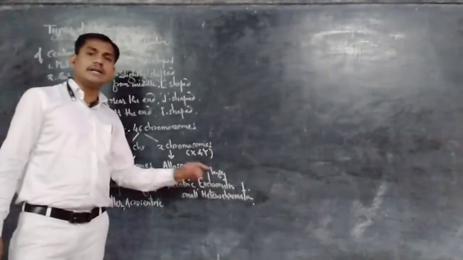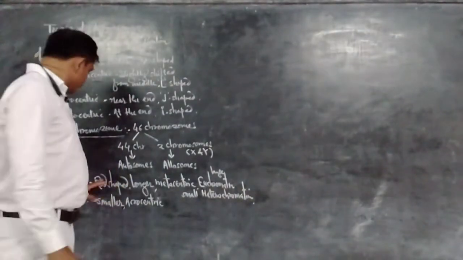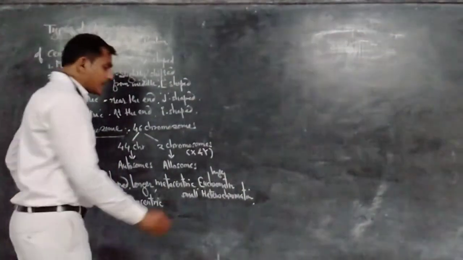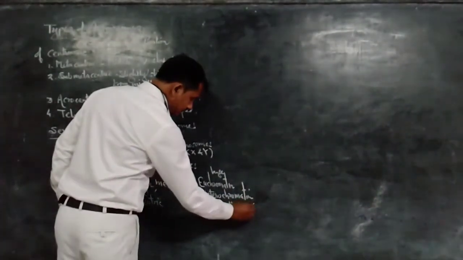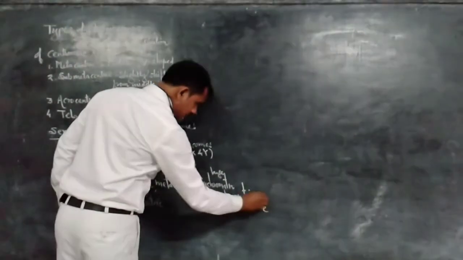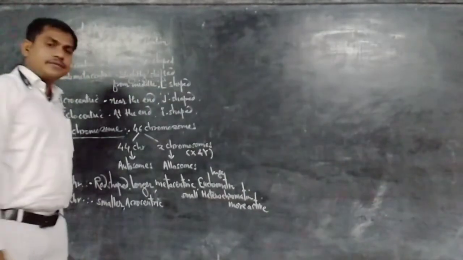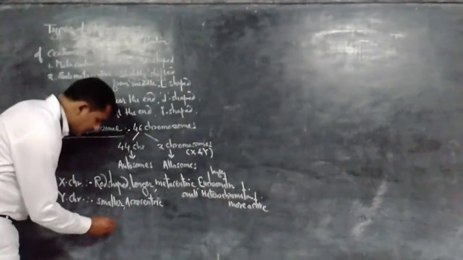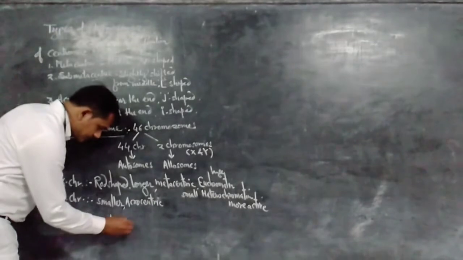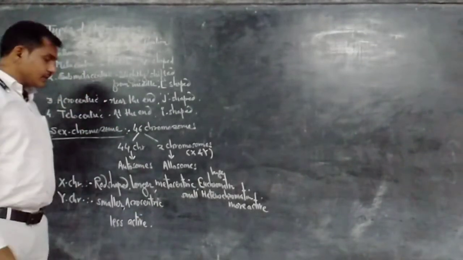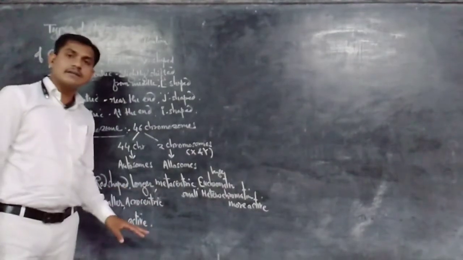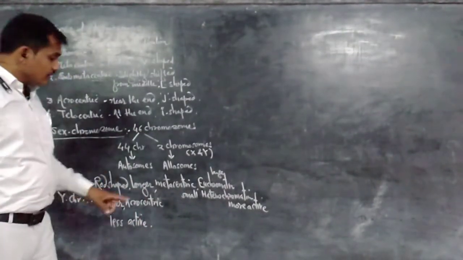Euchromatic region has the active DNA. So here the X chromosome is more active, while the Y chromosome is less active, because it has less active DNA.